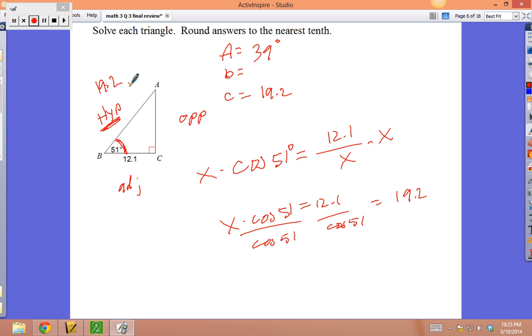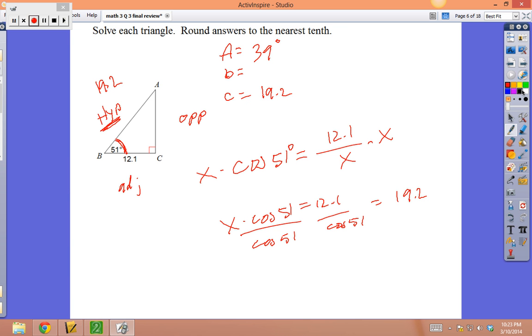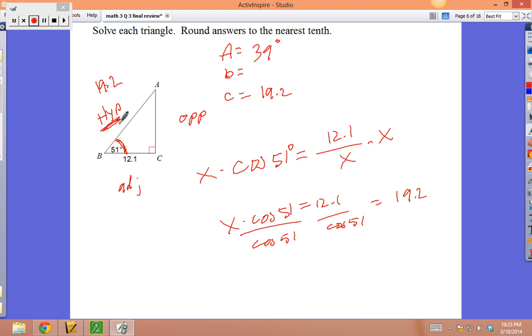Okay, now I'm going to find the sine. So I got to find this opposite, so I'm going to use opposite and hypotenuse. So I'm going to do the same angle, so I'm going to use a different trig function. Sine of 51 degrees equals opposite over hypotenuse. Now this one's much faster because it's one step less.